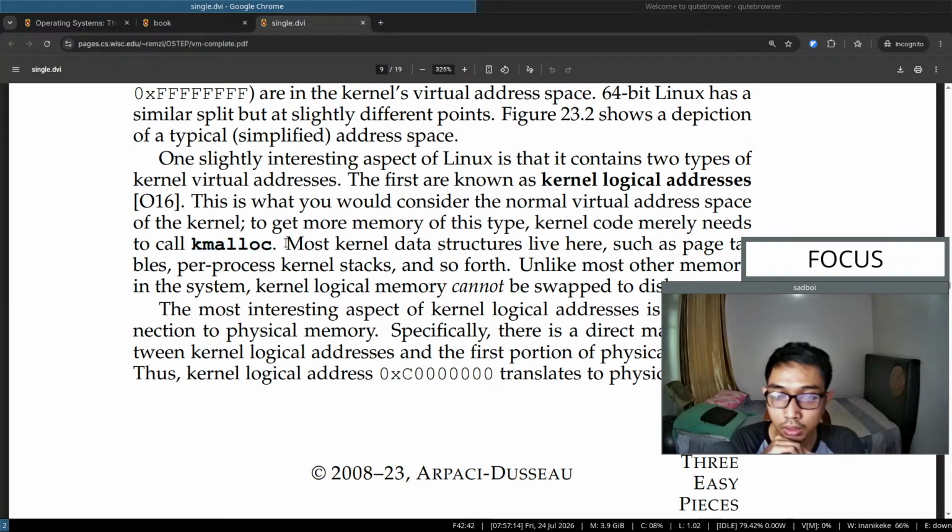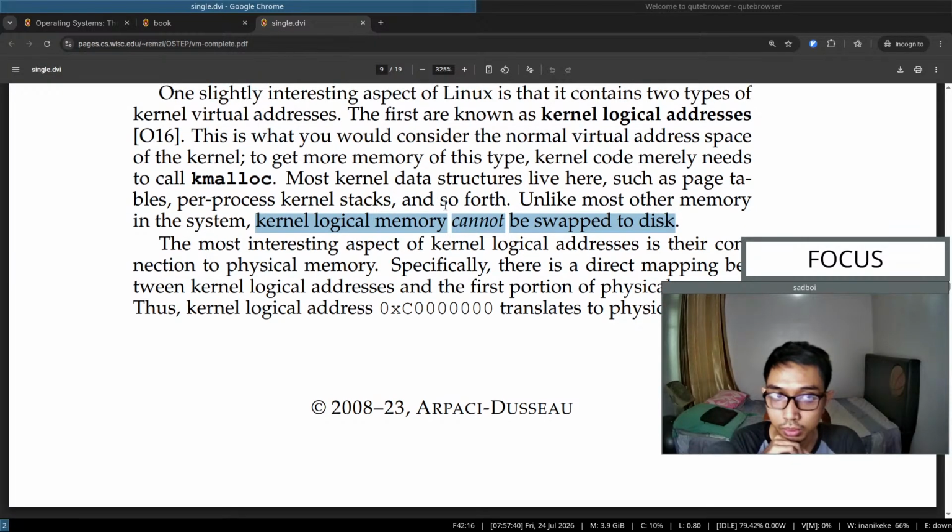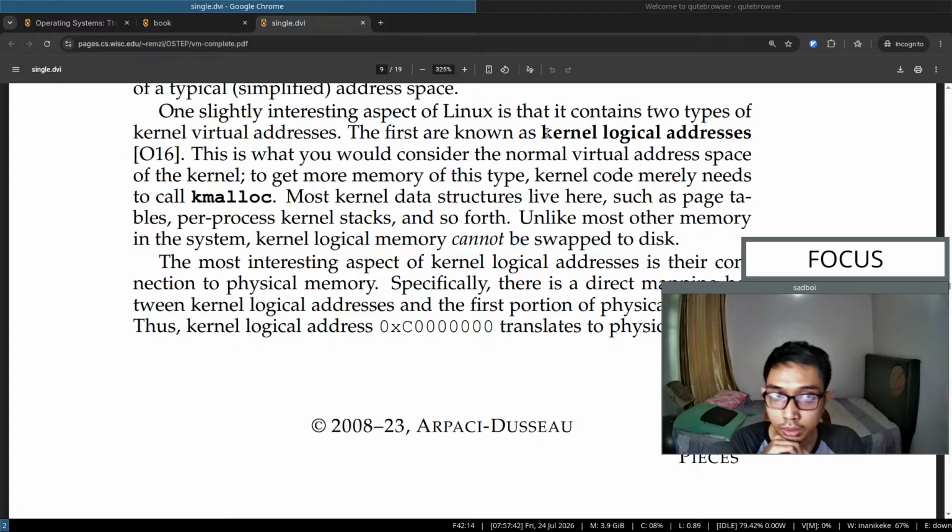Most kernel data structures live here, such as page tables, per-process kernel stacks, and so forth. Unlike most other memory in the system, kernel logical memory cannot be swapped to disk.